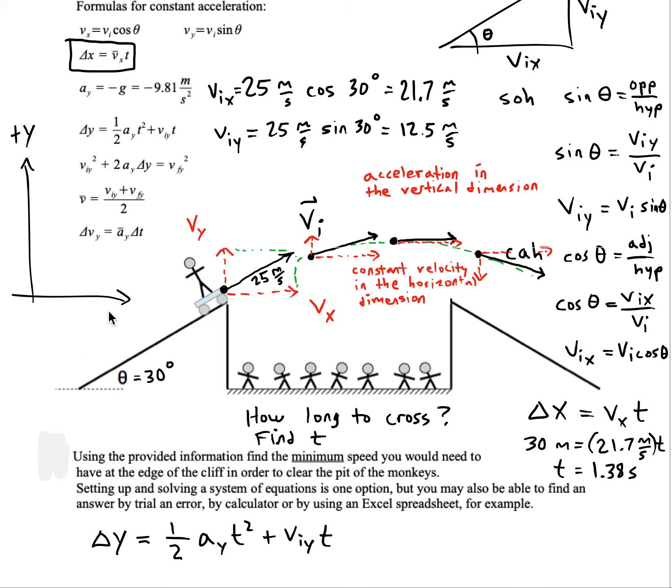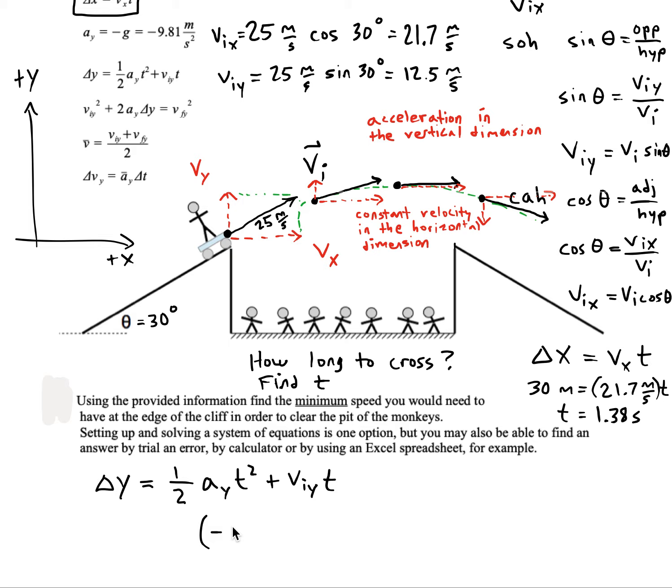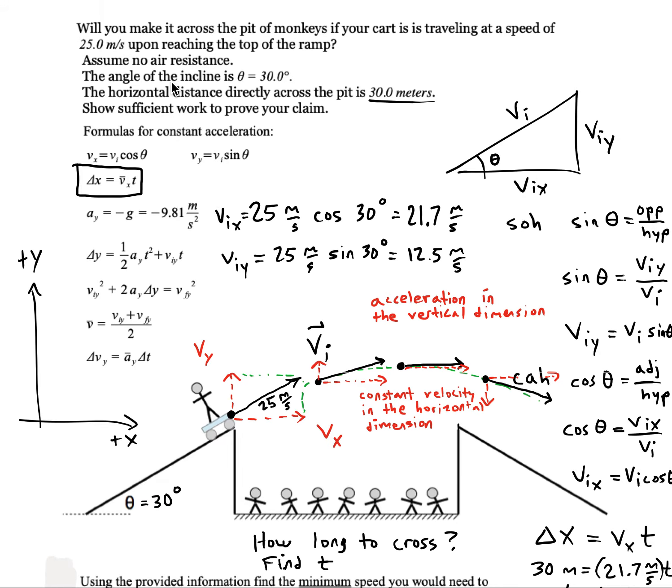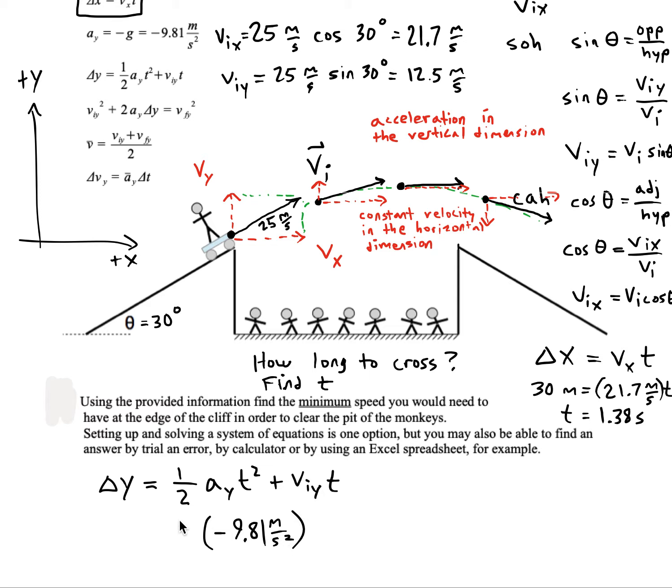And then the positive x to the right. So we're going to want to make our a negative 9.8. And this problem uses a 9.81, which is fine. So plug that in. We're going to be going from 0 to 1.38 seconds. That's our time interval for this displacement.